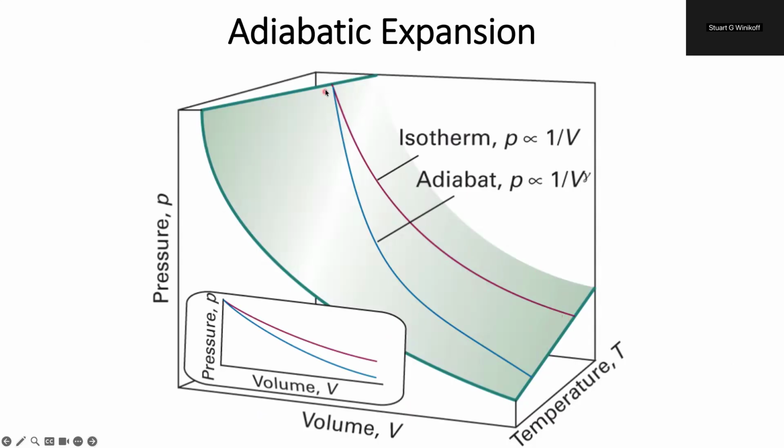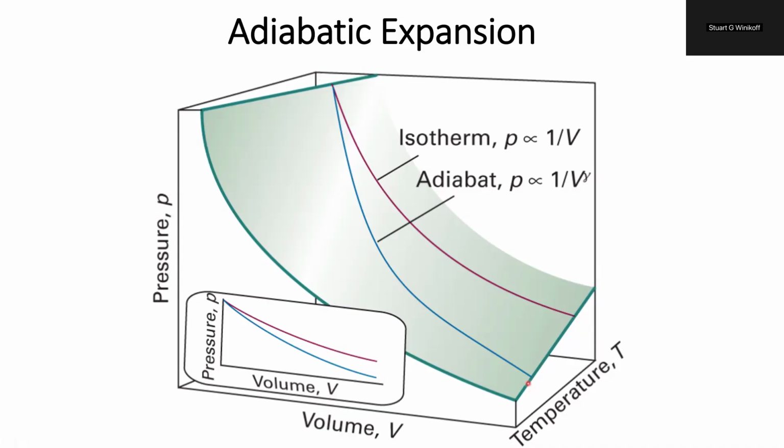But as I expand the system, I'm pulling in energy from the surroundings to essentially keep that volume well expanded. But the problem is that as I do this same expansion in an adiabatic case, the system cools down, which will actually affect the ending pressure volume ratio.